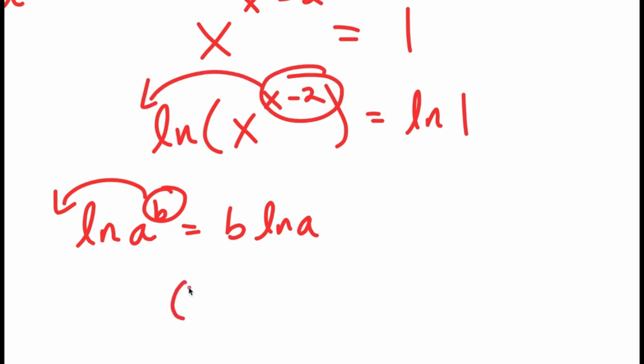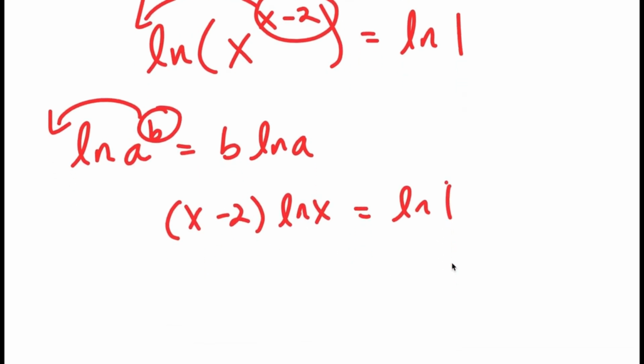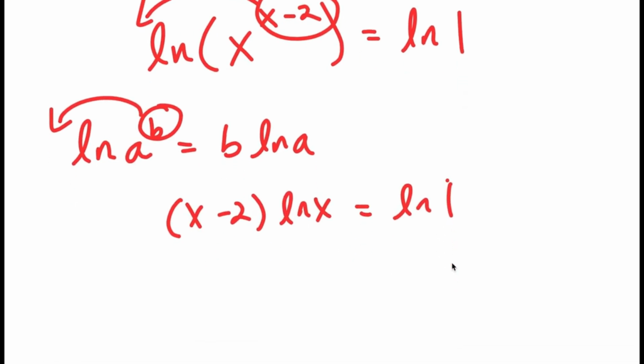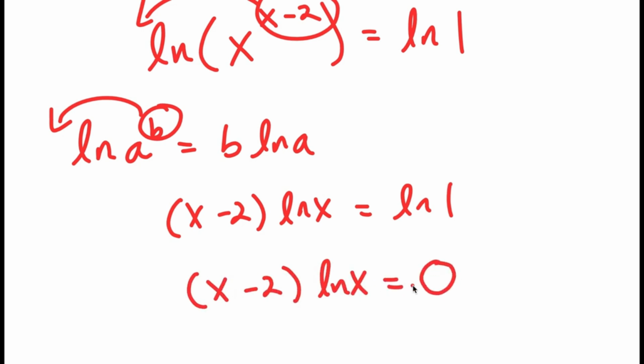So now I get x minus 2 times ln x is equal to ln 1. Now, if you didn't already know, ln 1 is actually equal to 0. So I get x minus 2 times ln x is equal to 0.